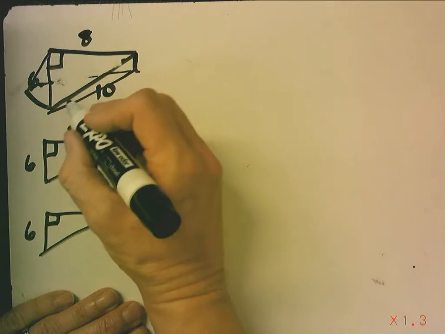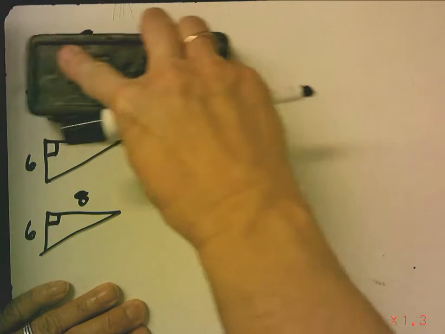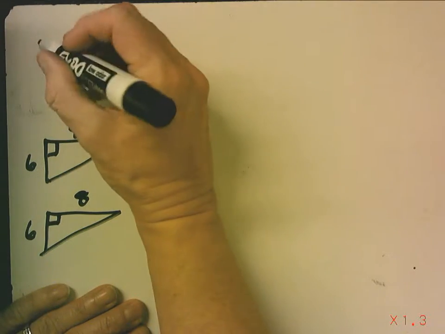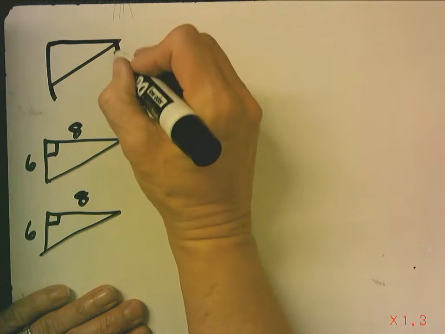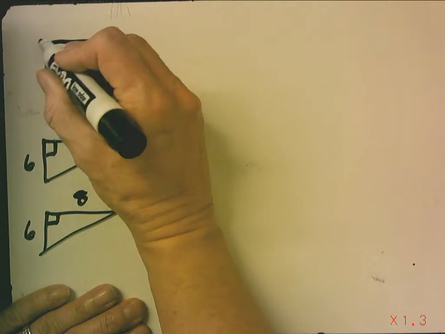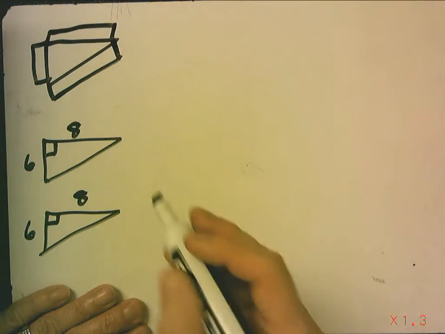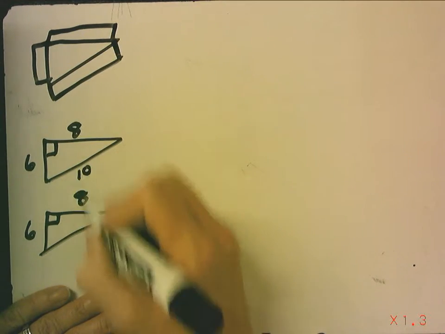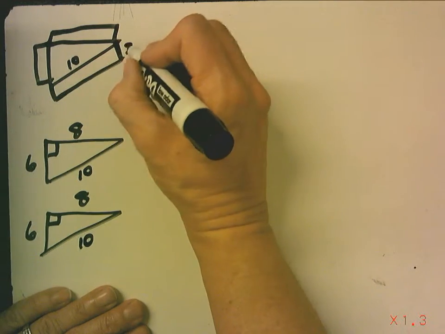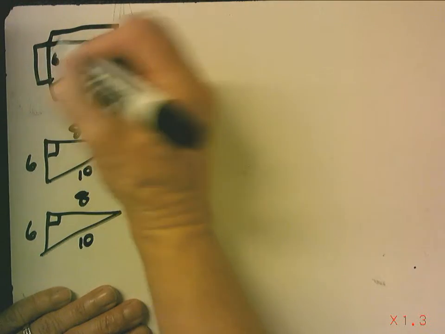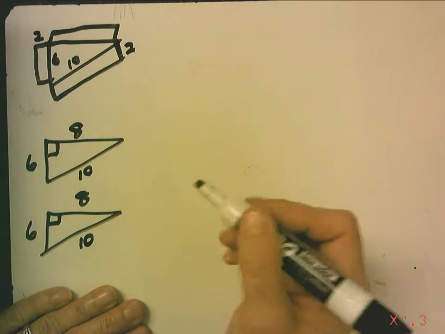So I have 2 bases that are triangles. Now, the sides here, let me draw this again. Okay, here is my top. The sides are created like this. Just visualize this sort of opening up. If this side is 10, then this rectangle has a length of 10 and a height of 2. If this side is 6, then this rectangle has a height of 2 and a length of 6.